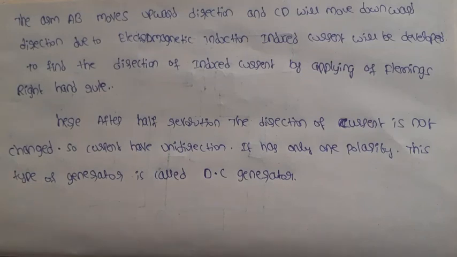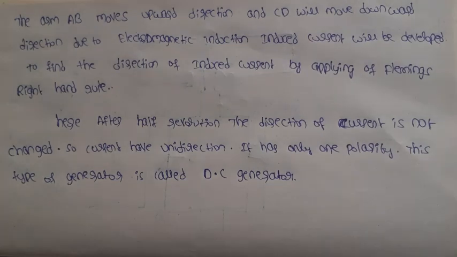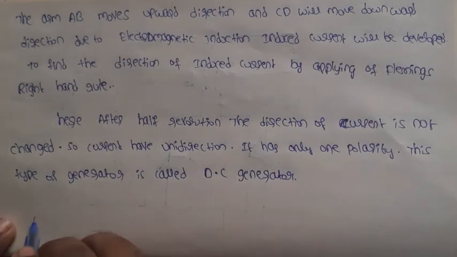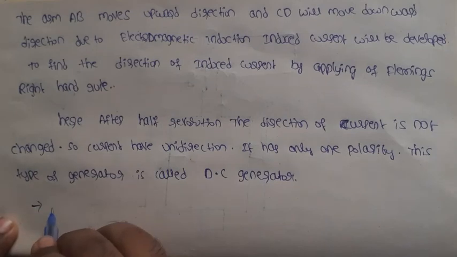Here the direction of the current is not going to change. That's why the direction of current is direct. It travels in a single direction. So this type of generator we call a DC generator. Why does this happen in this type of generator?